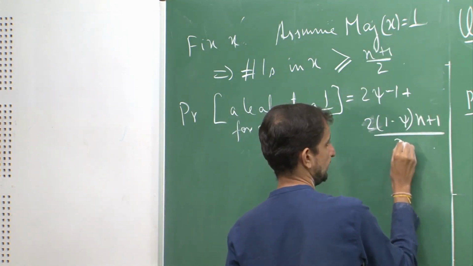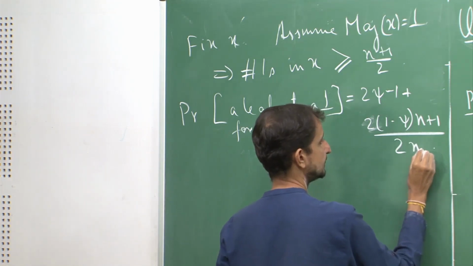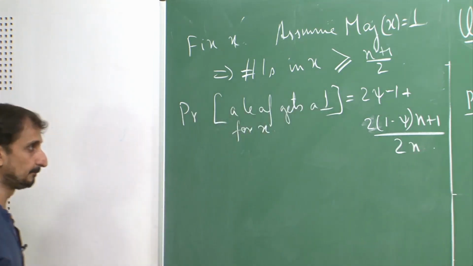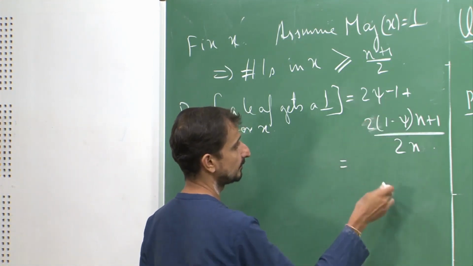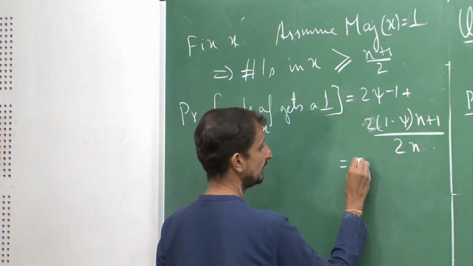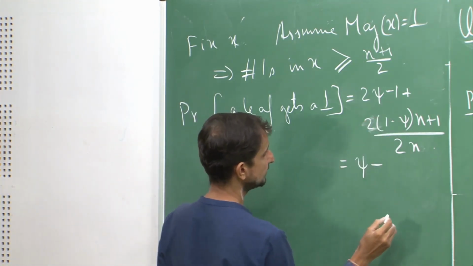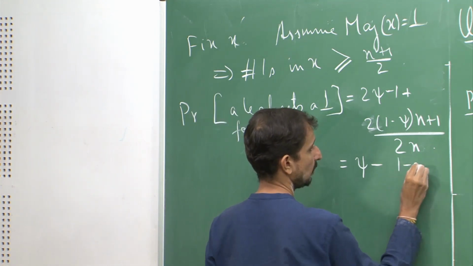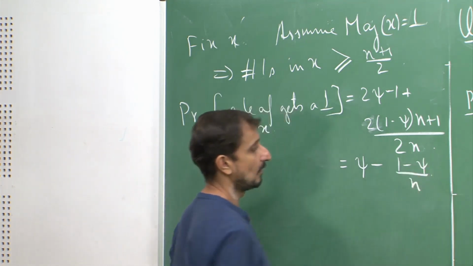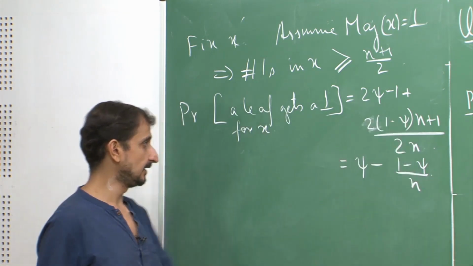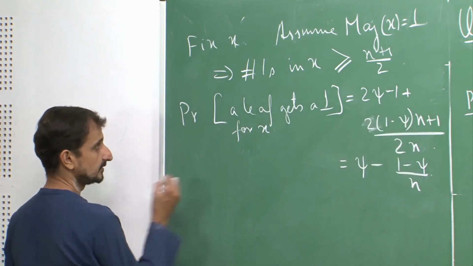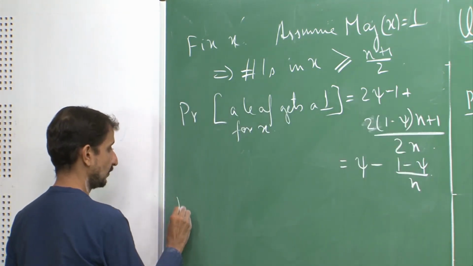So, it is 2 times that over the total number of leaves, n. This is the probability that a leaf gets a value 1, and if you simplify this, it turns out to be psi minus 1 minus psi over n. Okay. You can check that this evaluates to this. So, this is the probability that a leaf gets a value 1.